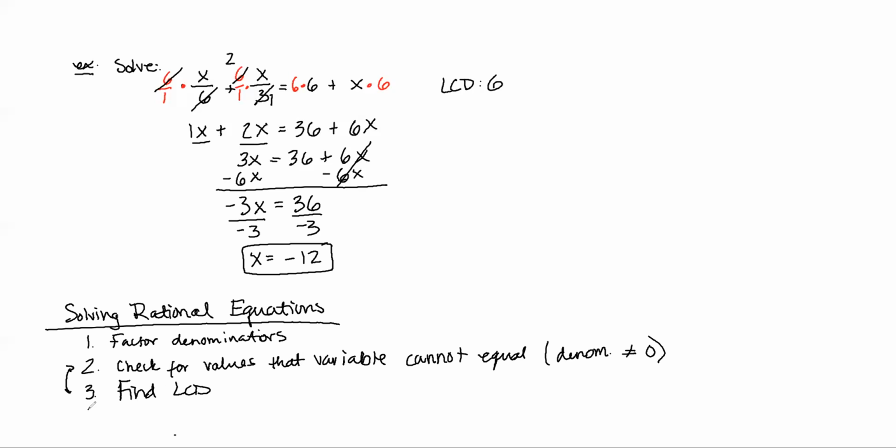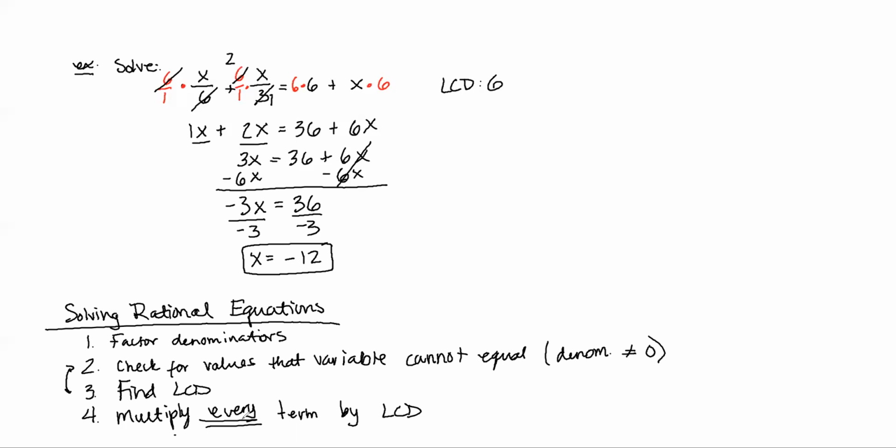Because once you find the LCD, you're going to be multiplying every single term, and I'm going to double underline every, because it has to be every term, not just the fractions, by the LCD. So it's really easy to forget that step. So I like to do that before I find the LCD, because from the LCD, you're going to multiply every term by the LCD.